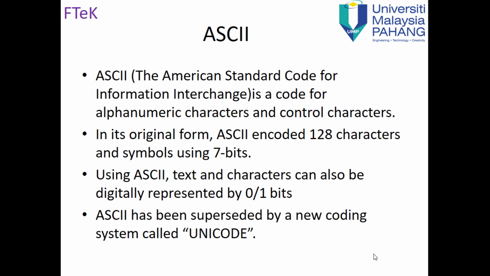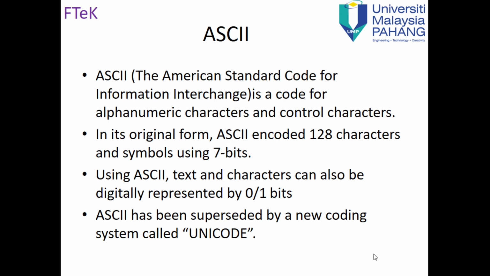Now let's move to another way of coding, which is called ASCII. ASCII stands for the American Standard Code for Information Interchange. It's a code for alphanumerical characters and control characters, so not only A, B, C, D, but also the control characters. It wasn't invented to use in computers, it was invented for the telex.